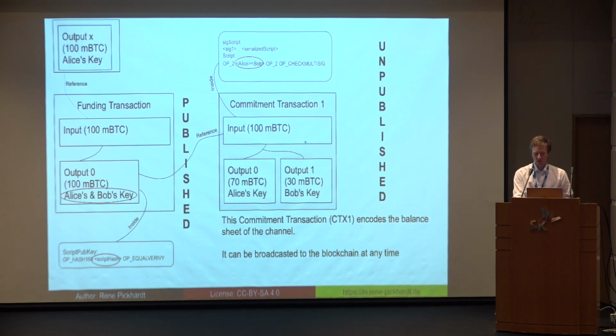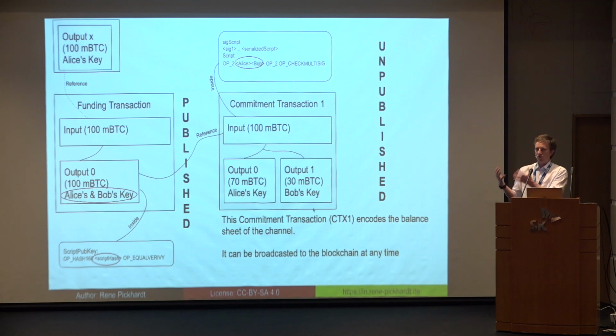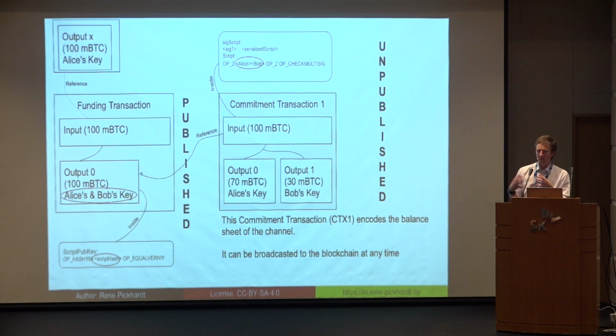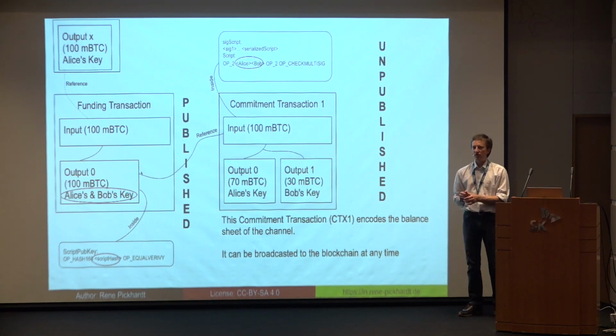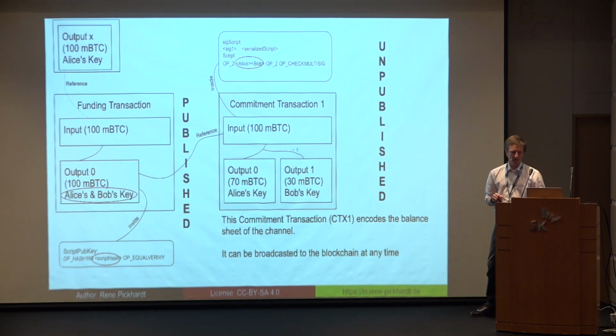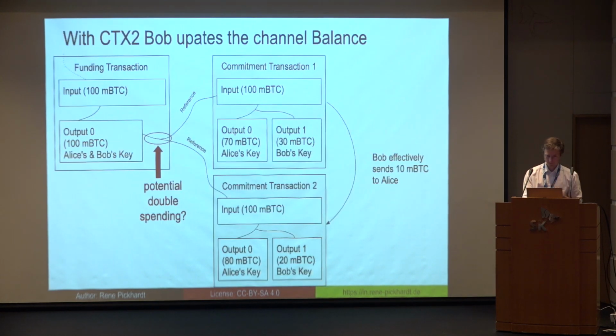And then this commitment transaction can be put into the blockchain at any time, but it's not, right? The funding transaction is already locked in the ledger, but this one isn't. We can put it into the chain at any time. And then we are double spending it. So we are updating the balance because Bob needs to pay Alice 10 satoshis.